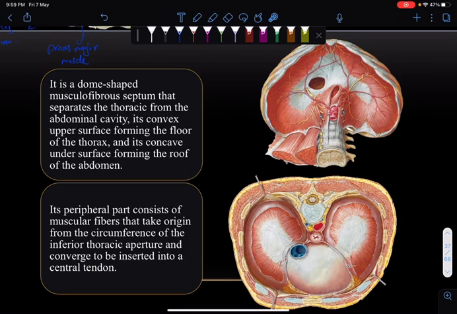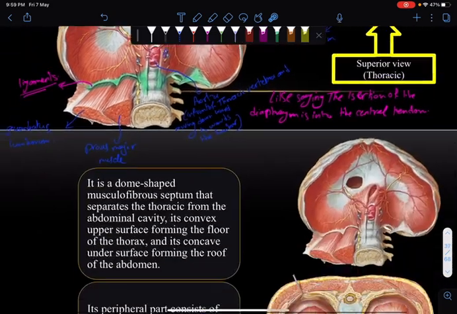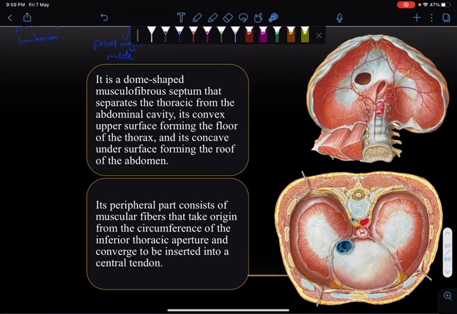When we look at it from above, it is convex, bulging upward, and concave below. When you look from the abdomen it is concave and rises upward. So the roof of the abdomen is concave and the base of the thorax is convex. This structure is called the diaphragm.